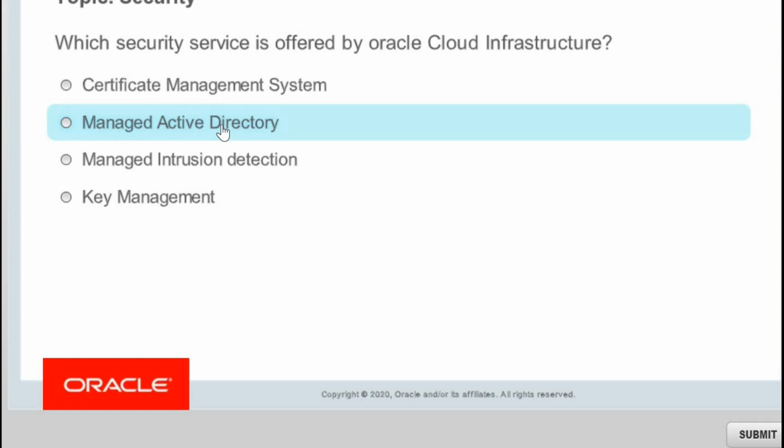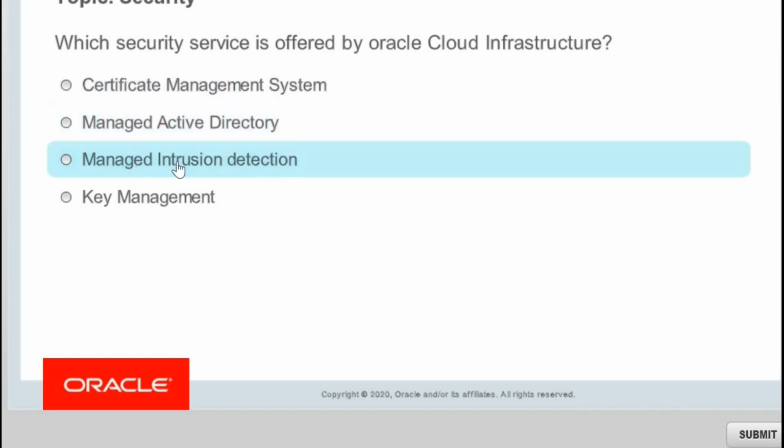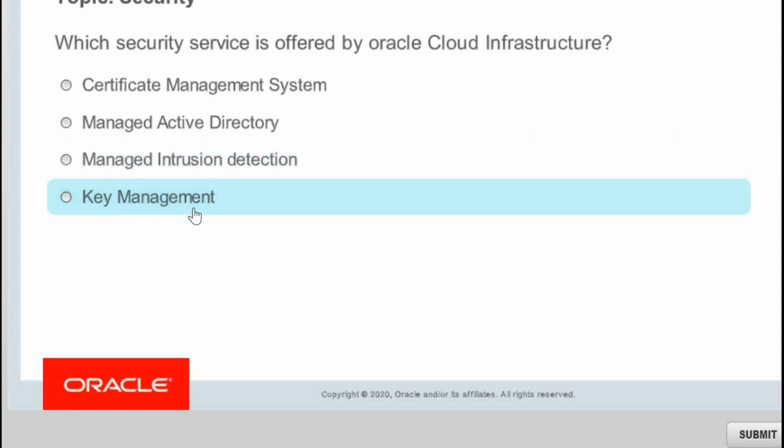This is a Windows service. If you're using Windows Server, you get the service inside Windows Server, not from OCI. Intrusion detection is also not there in Oracle Cloud. They have a totally different thing. They have different security rules. They don't have an intrusion detection thing. So if you want intrusion detection, you have to use your own device and divert your traffic to that particular device. Key management is there in Oracle Cloud.